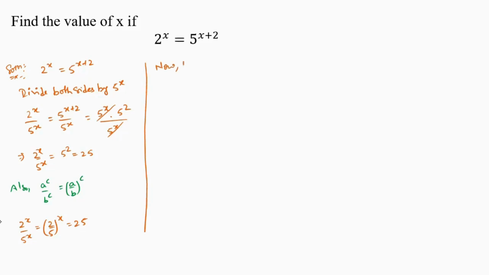Now take log on both sides. So we get log 2 by 5 raised to power x equals log 25, and as we know log a raised to power x can be written as x log a.